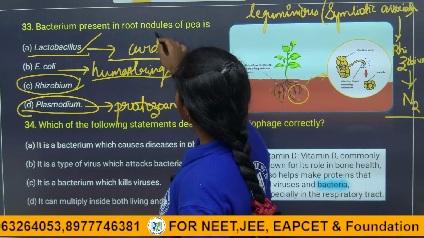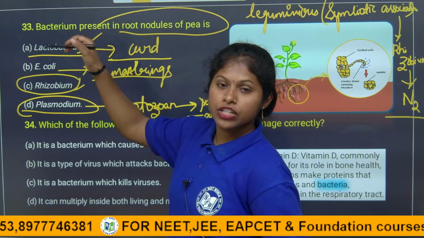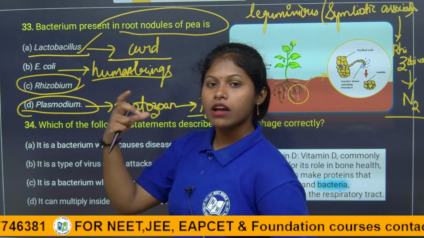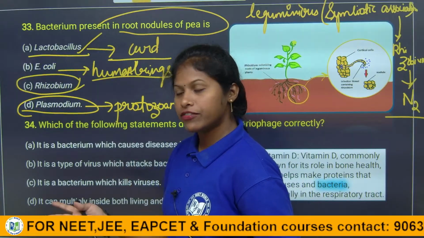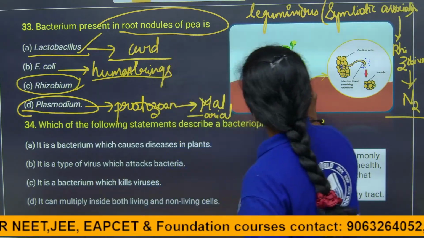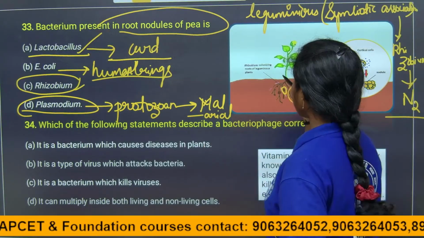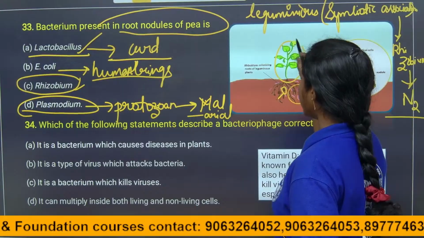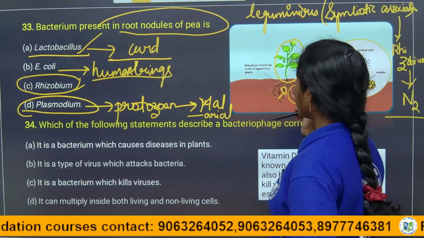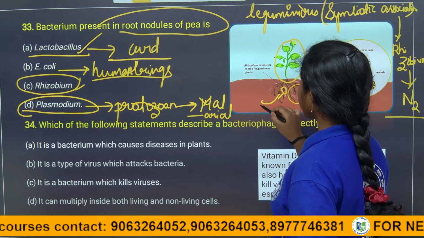Here they are asking about the bacteria present in the root nodules of the pea, which show mutualism, which means both the organisms will benefit, right? The bacteria get shelter and absorb nutrients from the plant, and in return it does nitrogen fixation.